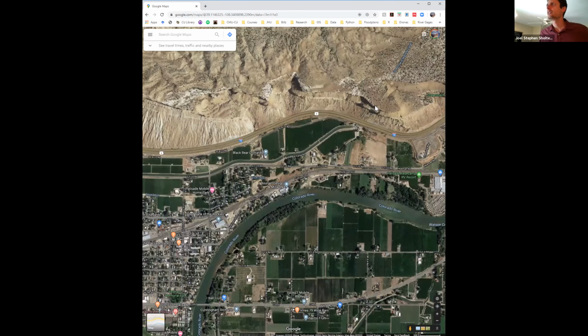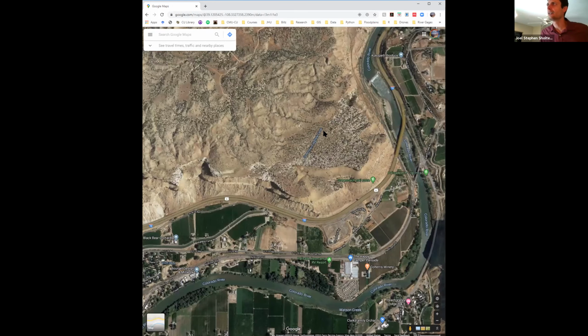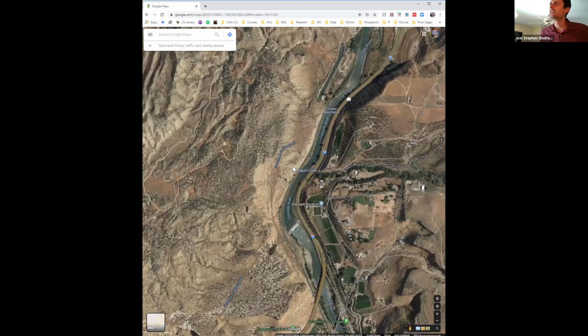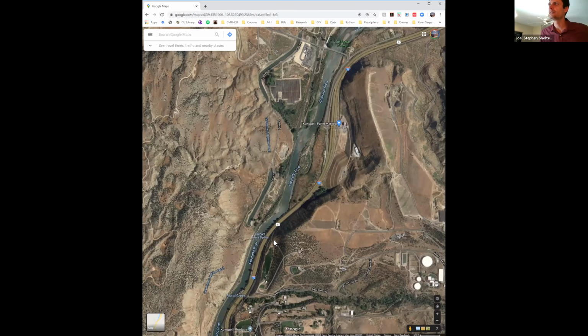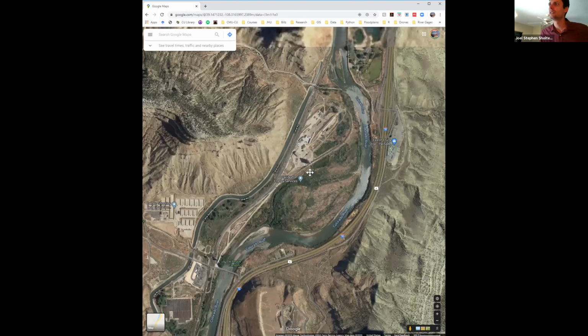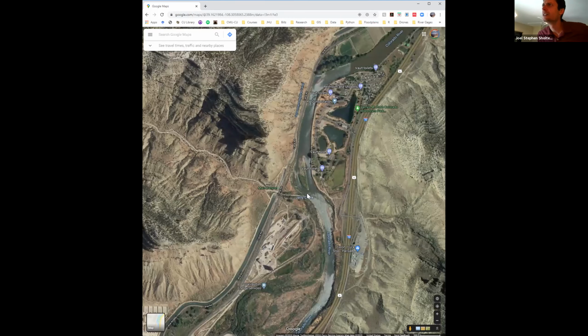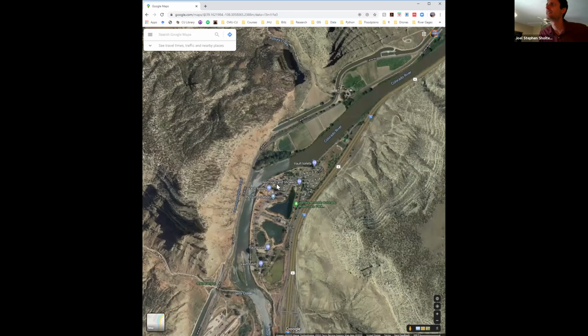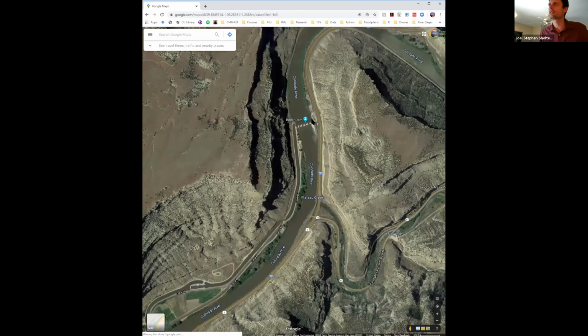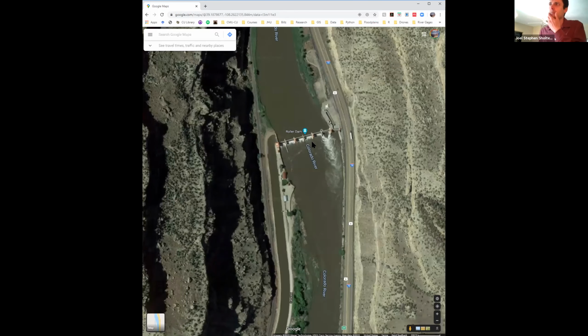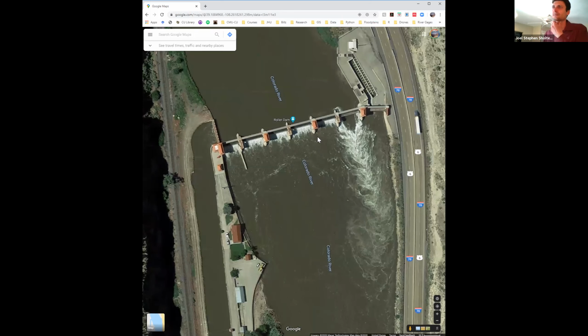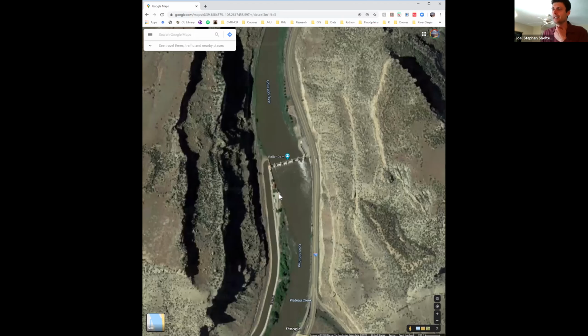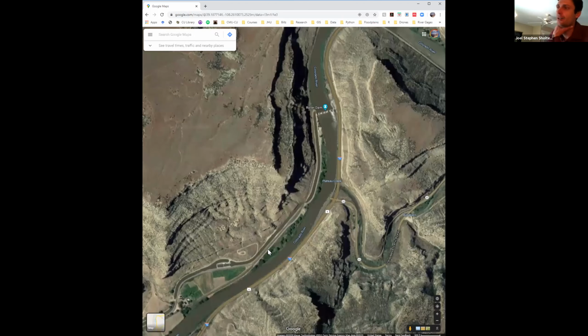This is called the Highline Canal, and it siphons water off the Colorado River. Here's the Roller Dam. That's fairly iconic, with those big red towers. And this canal was actually designed 100 years ago or something.